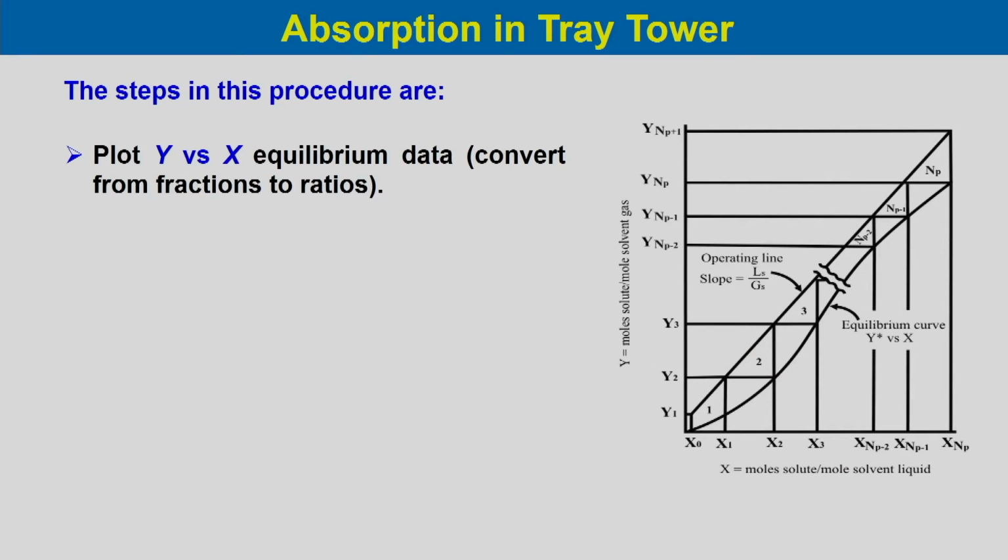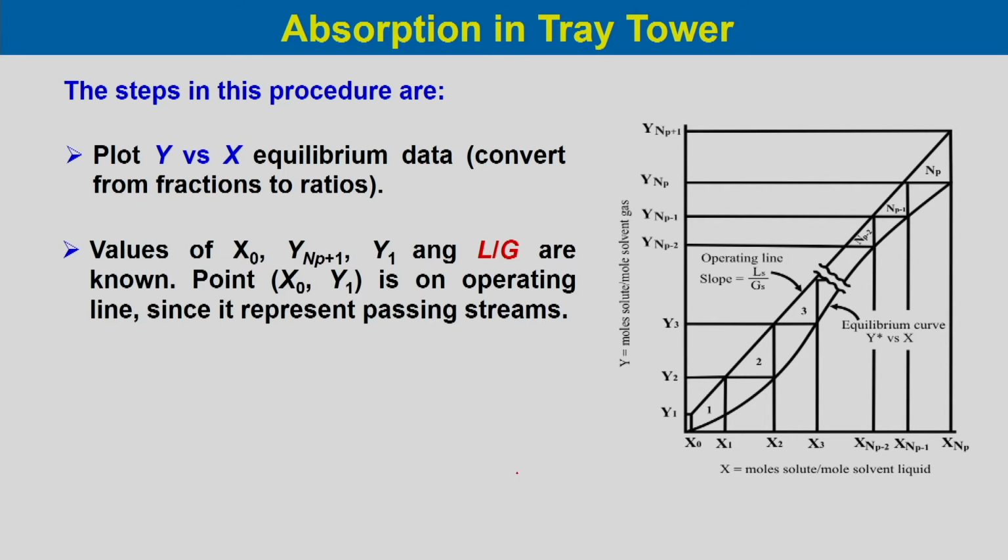Plot y versus x equilibrium data, converting mole fractions into mole ratios; you can see capital Y and capital X plotted over here in mole ratio units, and the values of x naught, y n p plus 1, y 1 and L by G are known.